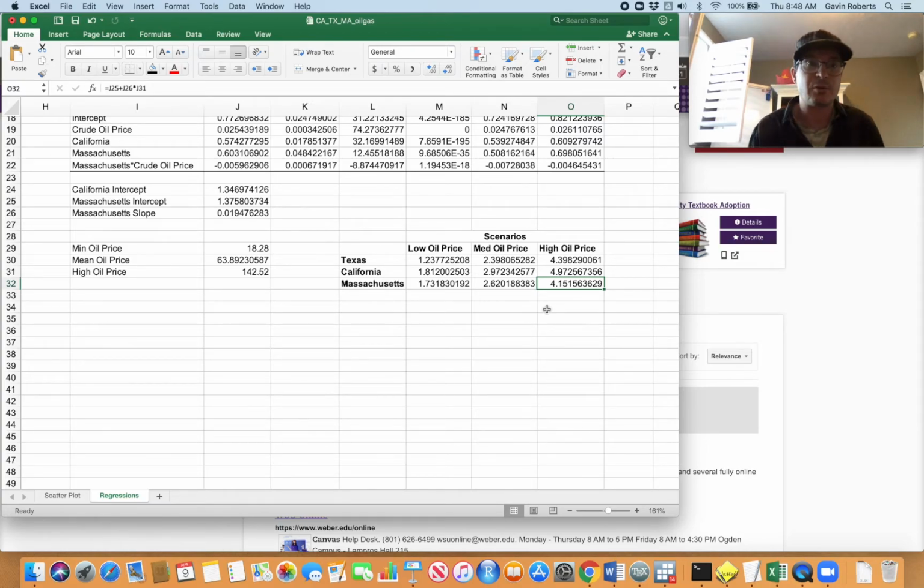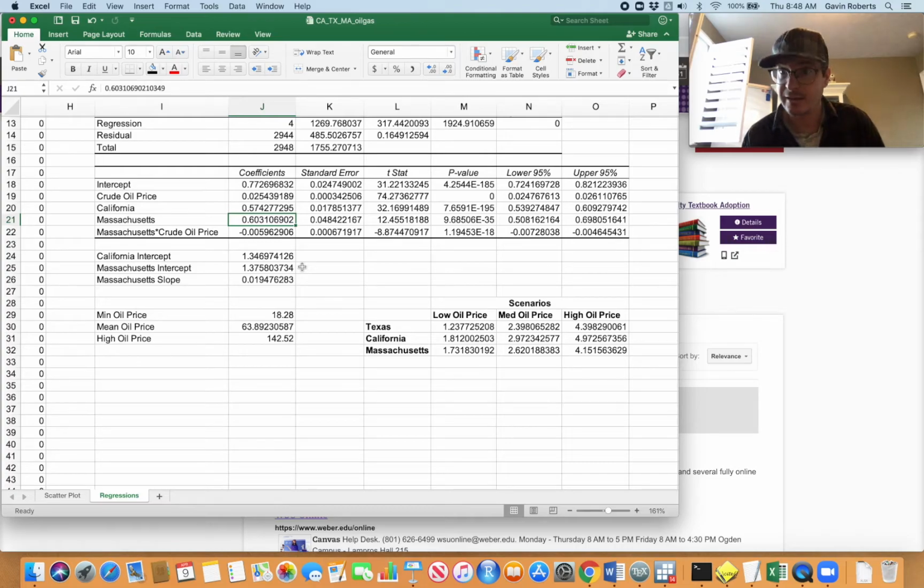Even though the starting point is higher, by 60 cents, even more than California, as oil prices increase, the Massachusetts gasoline price increases at a slower rate because we have a smaller slope, 0.019, about 2 cents per dollar increase in oil price versus 2.5 cents per dollar increase. And that seems really small, but that's just the slope. As we multiply that by these increasingly big numbers, it has a bigger and bigger effect.